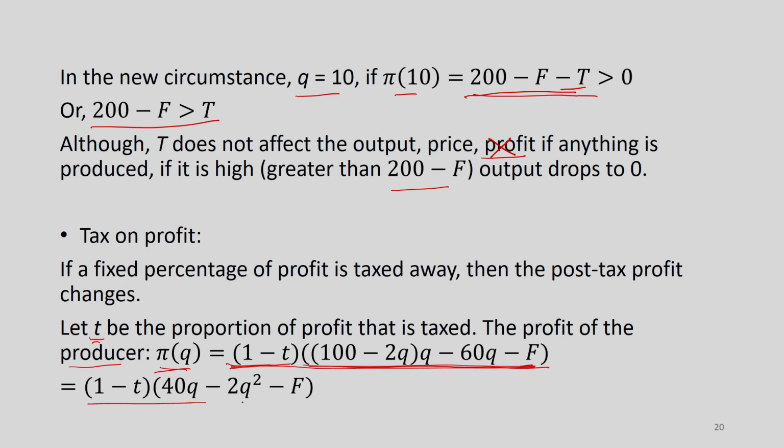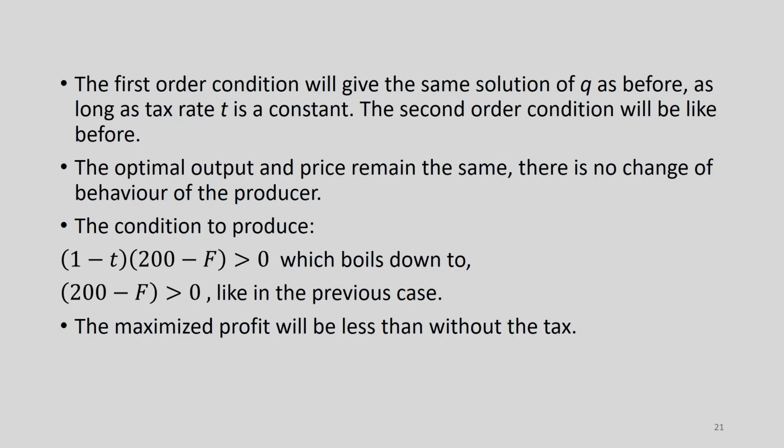And this is simply 1 minus t multiplied by 40q minus 2q square minus f. You might recall that this expression was the profit expression earlier, when there was no tax. The first order condition will give the same solution of q as before, as long as tax rate t is a constant. The second order condition will be like before.